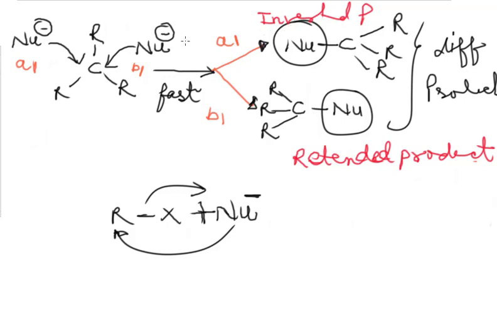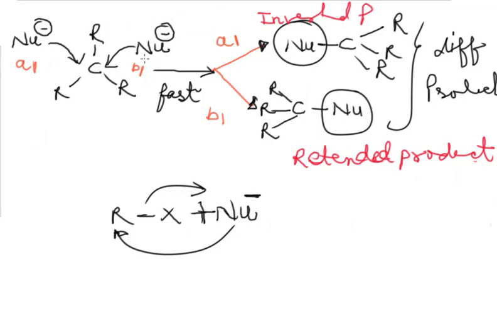This is SN1, because the reaction depends upon the concentration of one reactant only. Now, the first step is the removal of the X. This is the attack of the nucleophile, so this is the second step. We also discussed that the removal of the X is the slow step, the rate determining step.